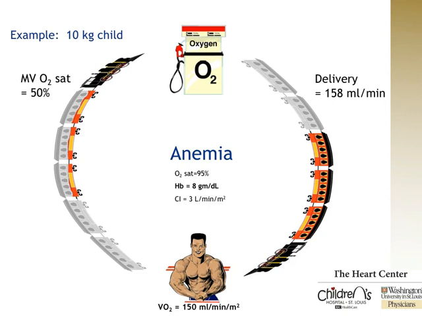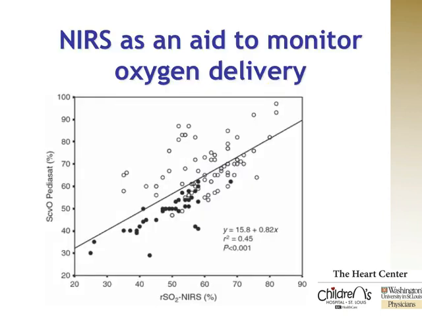And so that's why mixed venous saturation monitoring can be a really valuable tool in cardiac patients as a way to assess cardiac index as one of the key components of oxygen delivery.